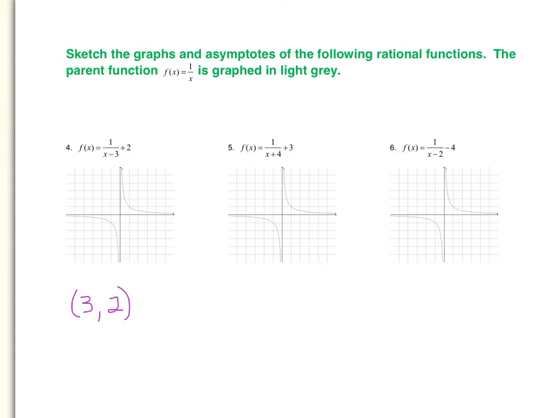So I'm going to go to the right 3 and up 2, and there is my point of intersection for my asymptotes. So now I'm going to draw my vertical asymptote, and then I'm going to draw in my horizontal asymptote.